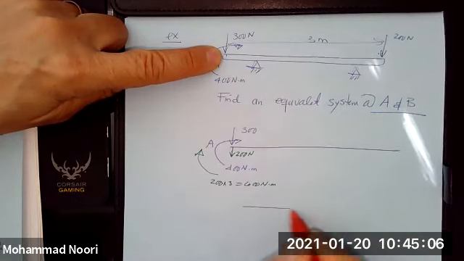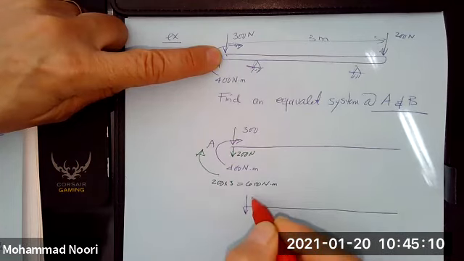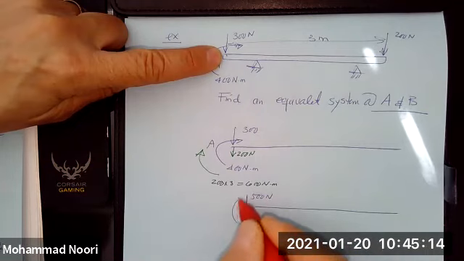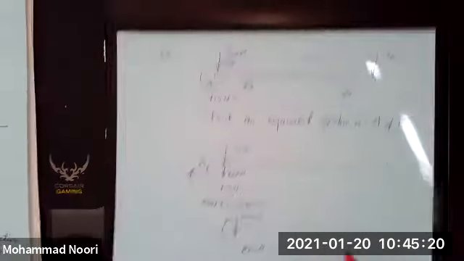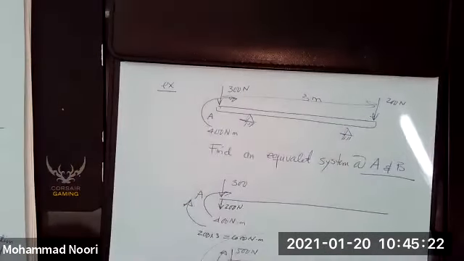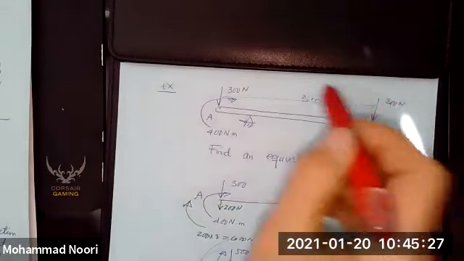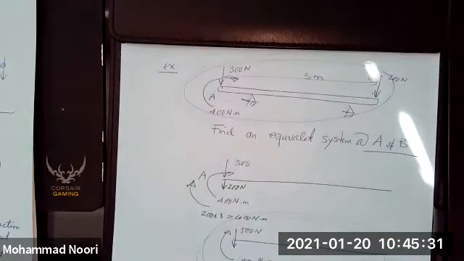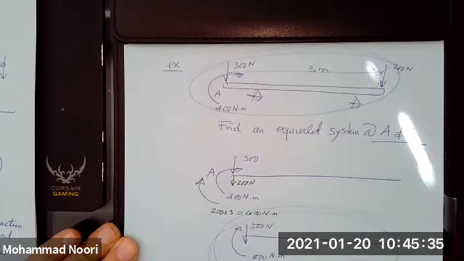Therefore, the equivalent system that would act here would be 500 Newton and a 1000 Newton meter moment. So what this system does to this beam is identical to the action of this system to this beam. That's why we call these equivalent systems.